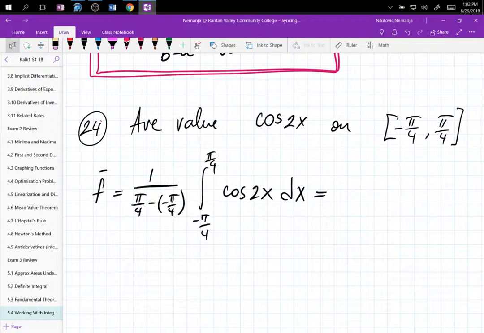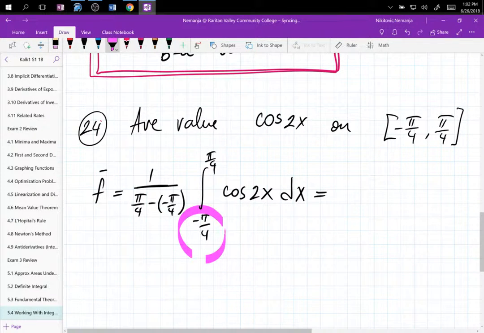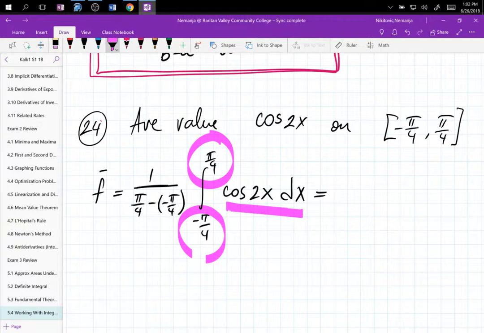What can you tell me? What kind of function do we have here? What's circled? Well, what kind of function is this?